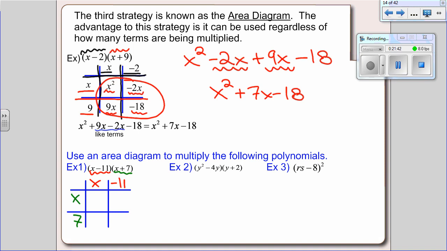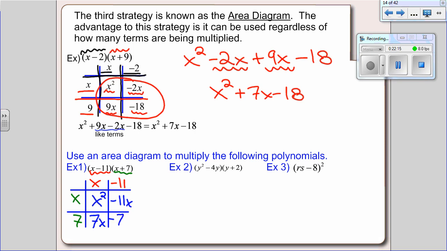So if I go x times x to create this middle, that would be x squared. Negative 11 times x would be negative 11x. Along the bottom, x times 7 would be 7x. And negative 11 times 7 would be negative 77. You have 4 things sitting there.